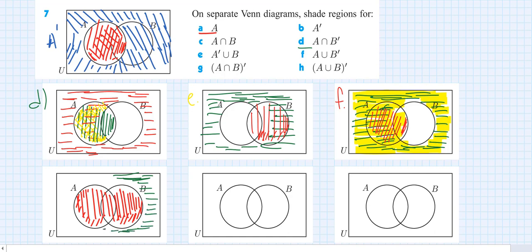So the green area is the complement of A union B. The red area is A union B. So to see it more precisely, let's clean the red color. So the shaded area of the complement of A union B will be like this in the green color.